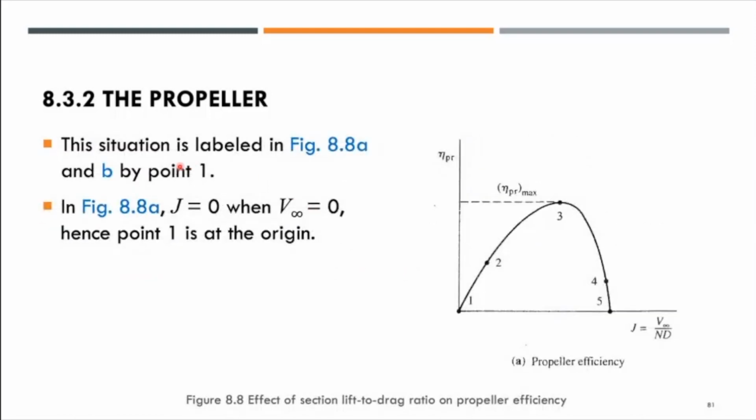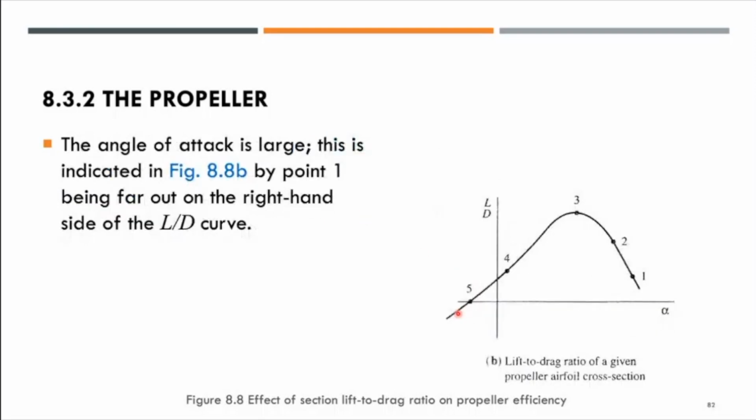Right? So this situation is labeled in figures 8.8A and B by point number 1. So this is point number 1, where the efficiency of the propeller equals 0. Right? And the advance ratio is also equal to 0, where V infinity is equal to 0.